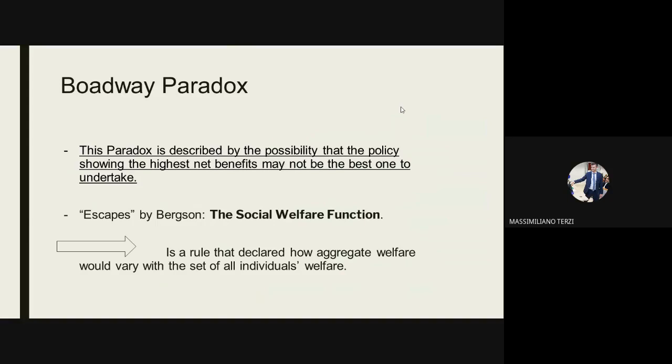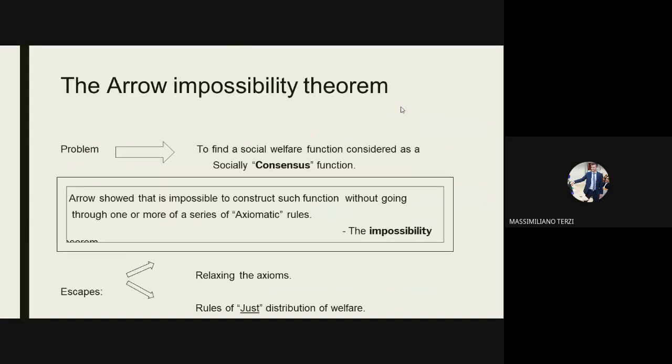social welfare function. The social welfare function is a rule that declares how aggregate welfare could vary with the set of all individuals' welfare. But now emerges another kind of problem. The problem is finding a social welfare function that might be considered as partially consensus function that, let's say, is shared by all.